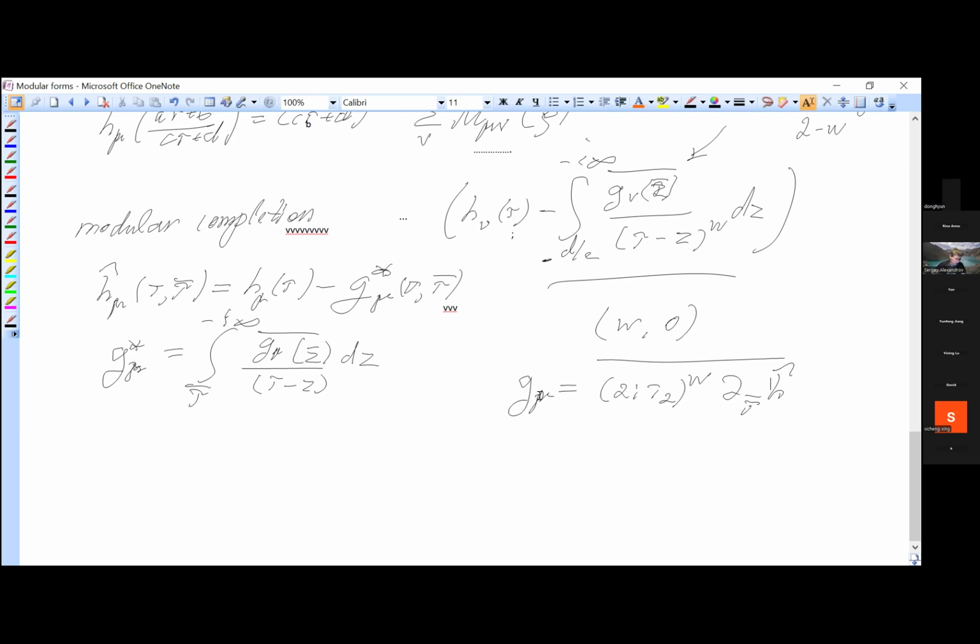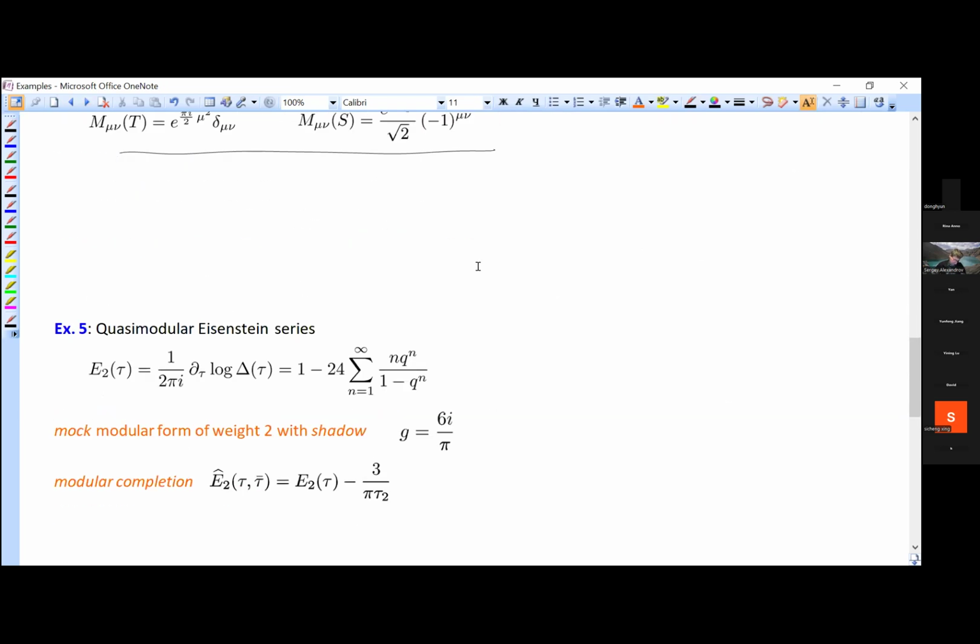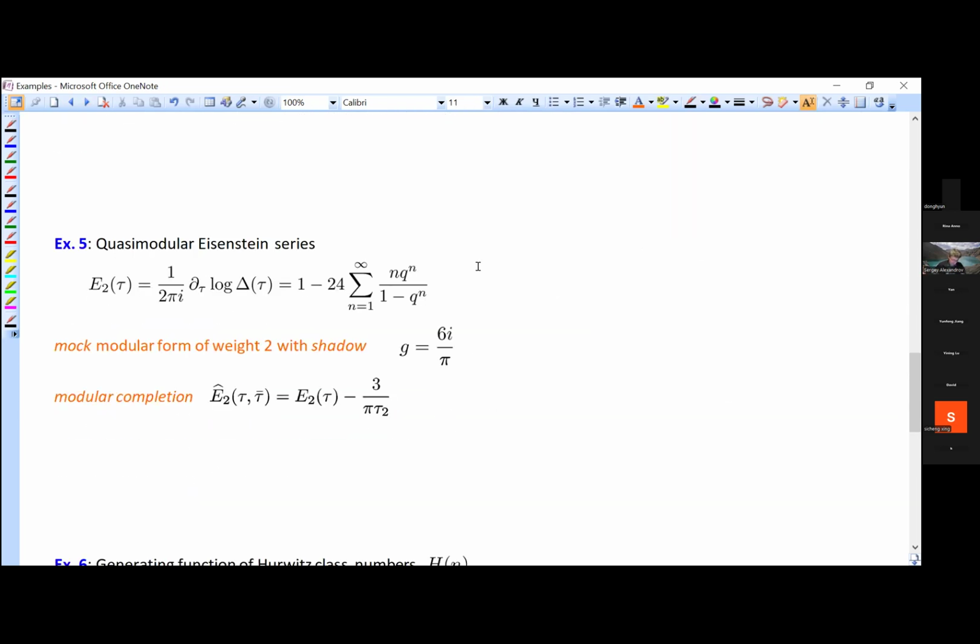Okay, so let's go to examples. So the first example is again Eisenstein series, but this very special one, which is obtained from the previous definition if you take k equal 1. So you take k equal 1 in the previous definition, and then you get the so-called quasi-modular Eisenstein series, which can also be written in terms of this discriminant, which I defined before, and also it has this simple representation.